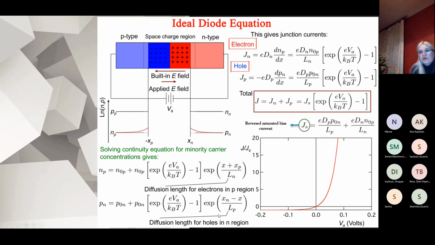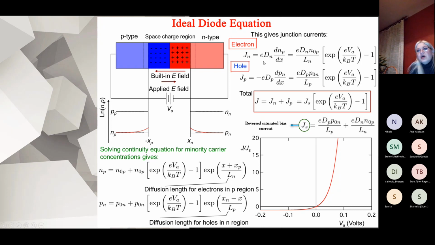Now we also have the applied voltage, and here we're going to have the diffusion length for holes in the n region. And if we define this minority concentration, we can finally give the junction current. The junction current for the electrons will be the charge times the diffusion current.